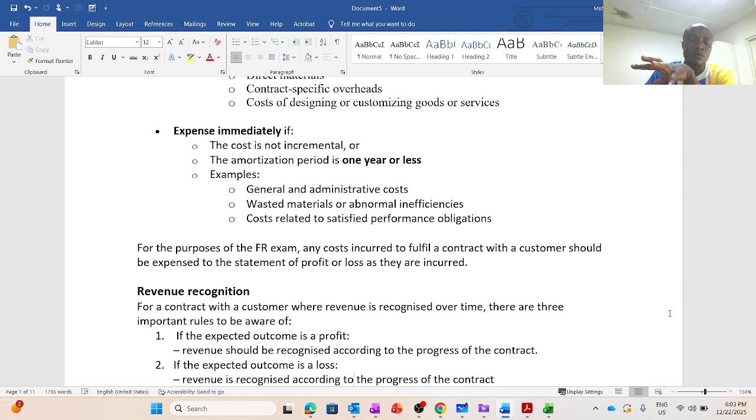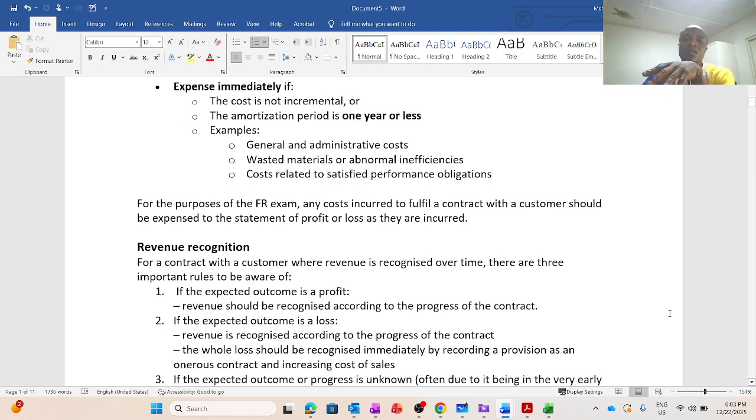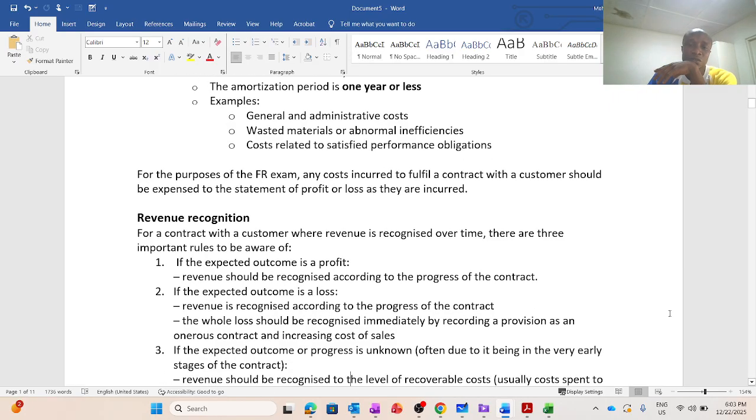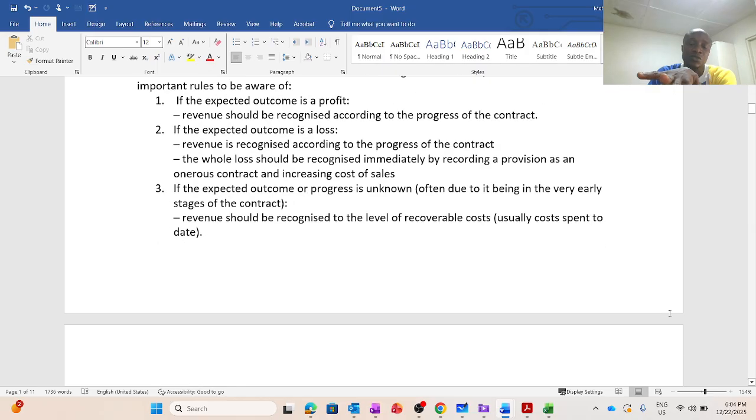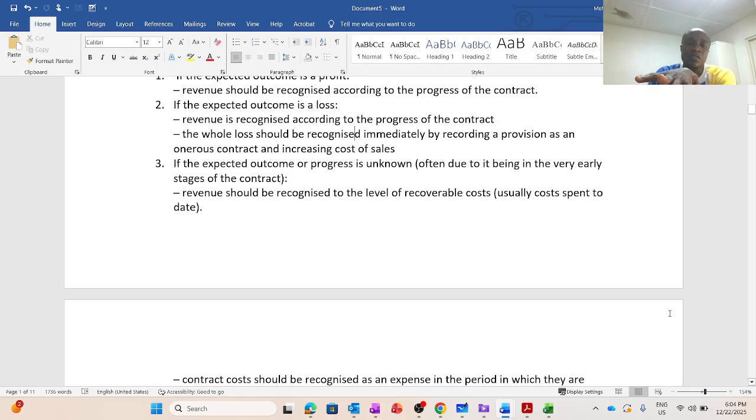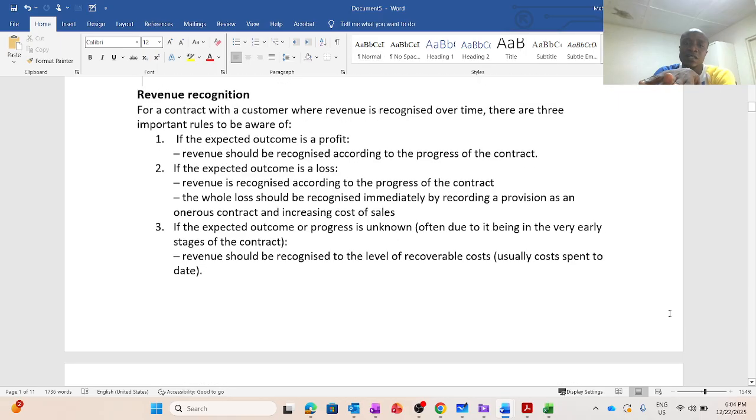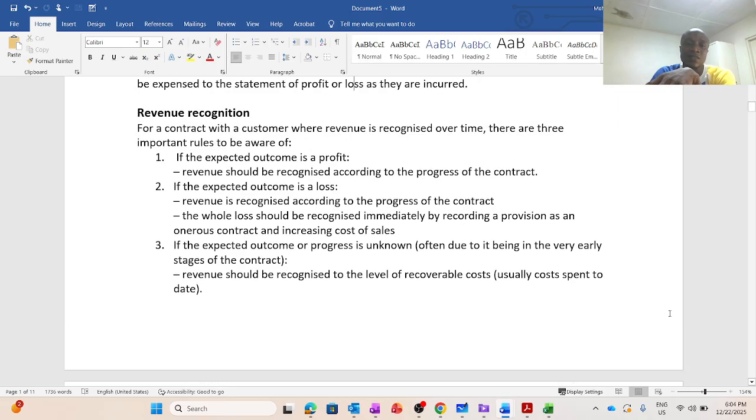Now we are going to look at revenue recognition. This is one of the most important areas for this lecture. We are going to look at the criteria for how we can recognize the revenue based on the expected outcome. For instance, based on the example I gave initially, the contract is for 5 years.